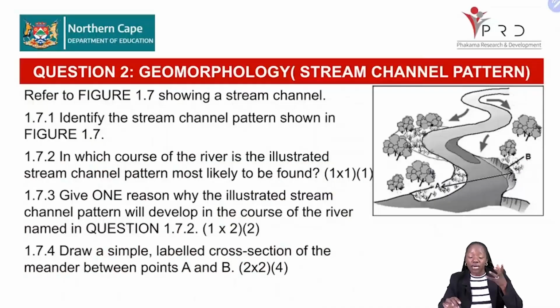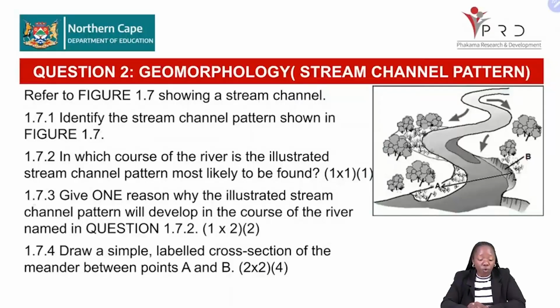It's supposed to tell you what you have learned about the stream channel in class. So your 1.7.1, identify the stream channel shown in figure 1.7. What stream channel is this one? Then 1.7.2, in which course of the river is the illustrated stream channel pattern most likely to be found?